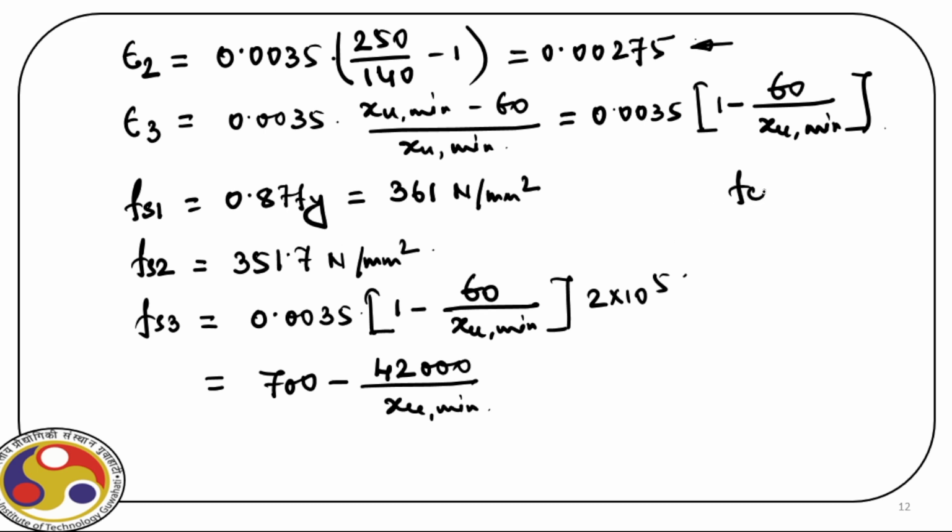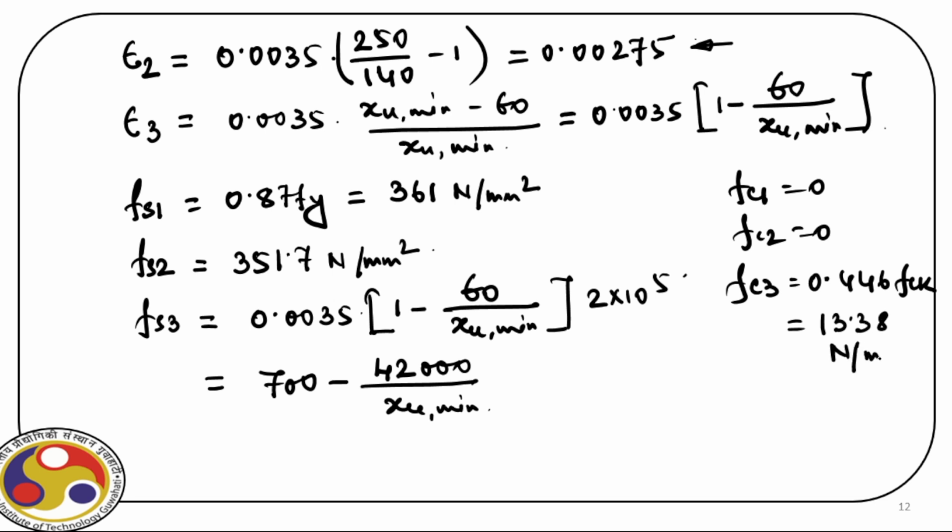Now FC1 is 0 because that is the tensile region. FC2 is equal to 0. FC3 is equal to 0.446 FCK, which is equal to 13.38 Newton per millimeter square. Okay, now we go to step 2.